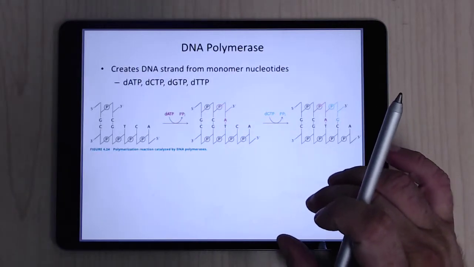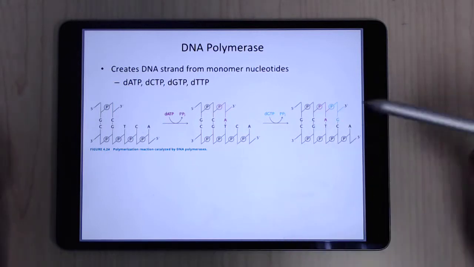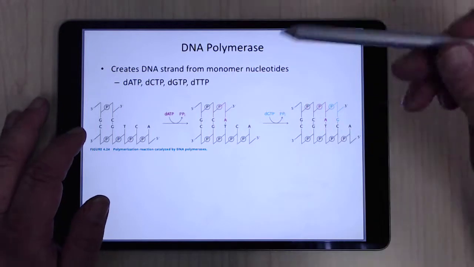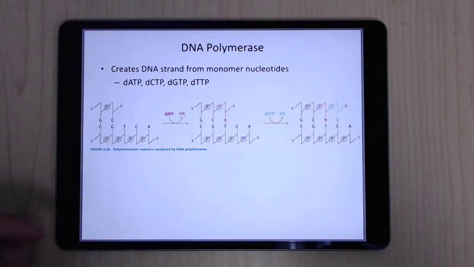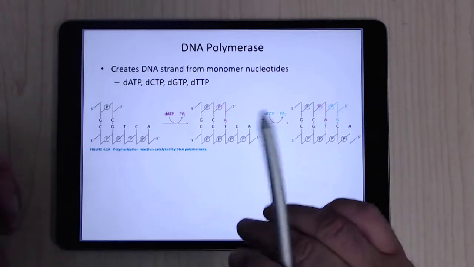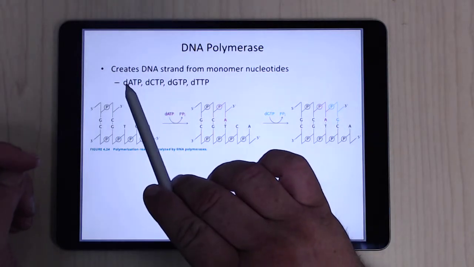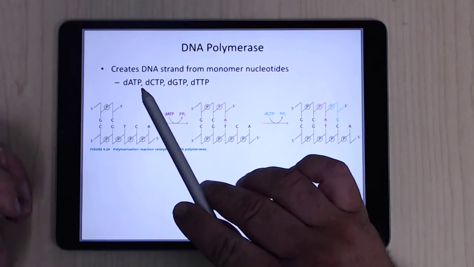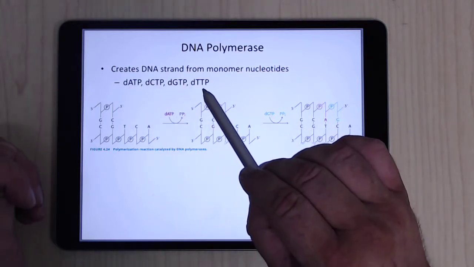Okay. So how do we make new strands of DNA? Okay, we're going to use one of the strands, and we're going to use what's called a DNA polymerase, and that basically adds the individual components one at a time to build up the chain. So the first thing it's going to use are the deoxy NTPs, the triphosphate nucleotides. These are the individual building blocks.